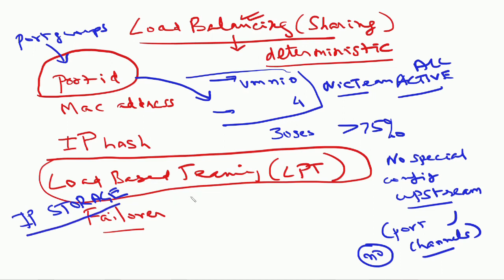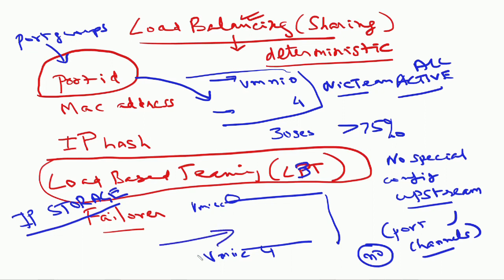What happens there is that because you have these adapters here, say VMNIC 0 through VMNIC 4, and you're using LBT, load-based teaming, IP storage actually works very well with it, because whenever one of those physical NICs is being used too much, the system just switches the traffic over to another VMNIC.